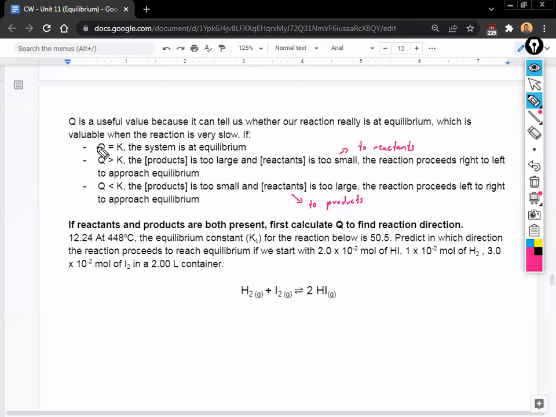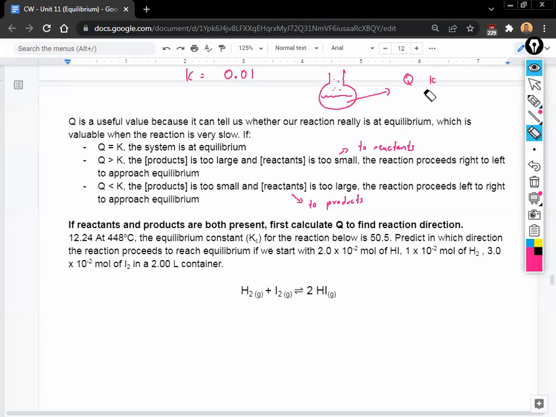Just to reiterate, let's say your K is, I don't know, 0.01, and you're working with a reaction. Let's say this is my flask, and you measure the compounds in there. If the ratio that you get, if Q is bigger than K, it means it's not at equilibrium. We have too much product, so we still need to make more reactants.